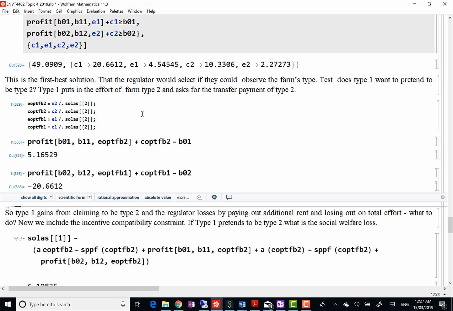The regulator tries to offer two contracts that are differentiated between the two producers, but because of asymmetric information, that's not possible. There's what's called an information rent that's earned by farmer 1 if the regulator tries to do that.